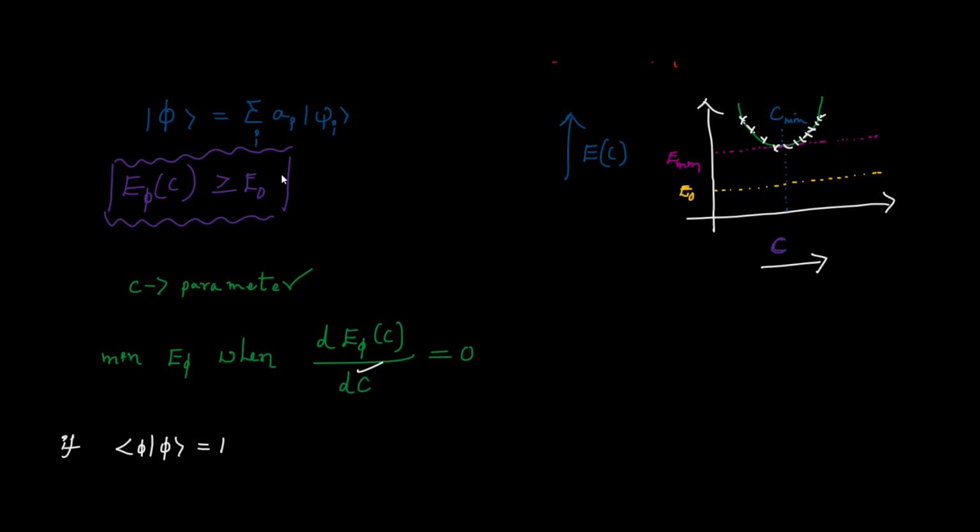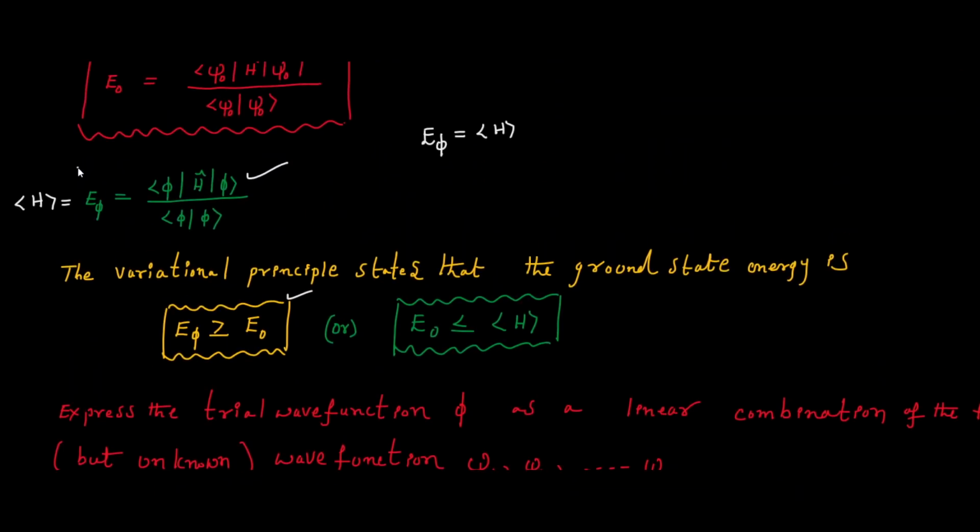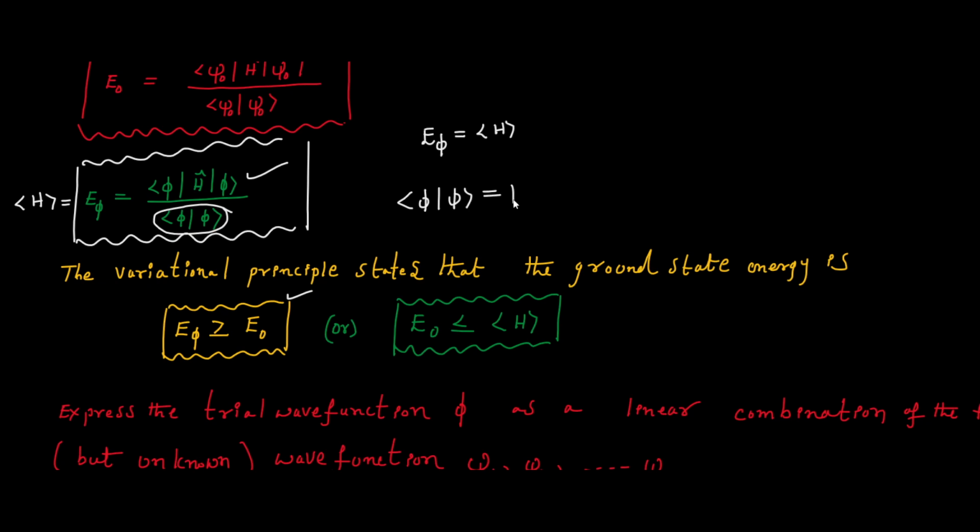So that is the ground state energy of the system. In the variational principle, if the trial wave function is normalized, here is the expectation value of energy. If the trial wave function is normalized, the denominator is equal to 1.